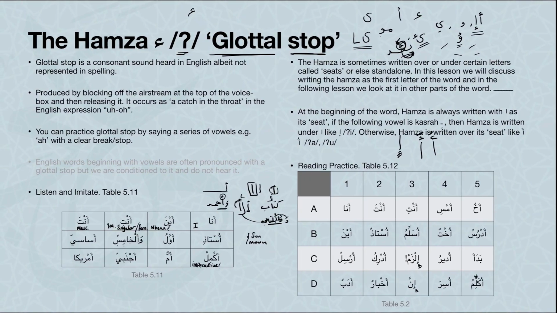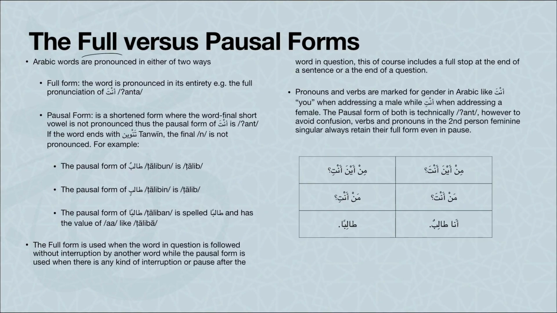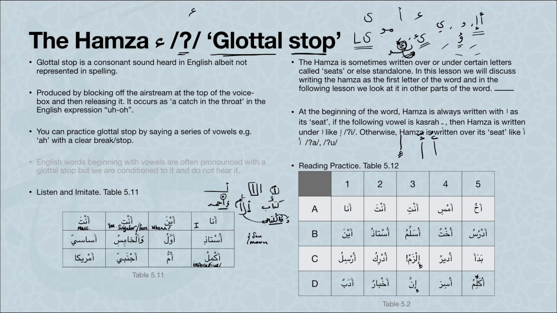Anyways, the last part of the class I feel is going to add a little bit too much on you guys. But before I jump, are there any questions about hamza? Never mind the last part that I spoke with Luna about, the seats and whatnot. We will get to them next class in more detail, and I will build it up for you in a more systematic way, not as rushed like this.